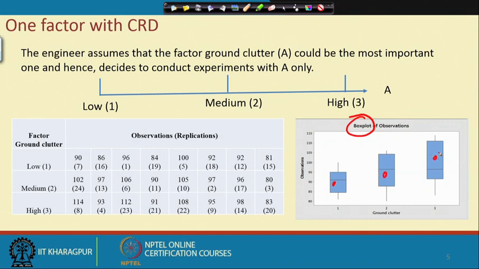So, there is an increasing trend, and the difference may be significant. So, at first hand we understand that yes, if you change the factor from low to medium to high, there is a possible change in response variable. Whether that change is significant or not, that will be understood through analysis only.